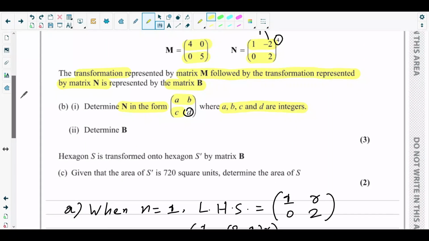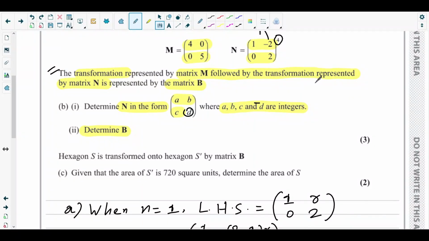In part B2, the question is asking to determine the matrix B. They have mentioned that matrix B is basically the transformation of matrix M followed by the transformation represented by matrix N. So which one comes first?